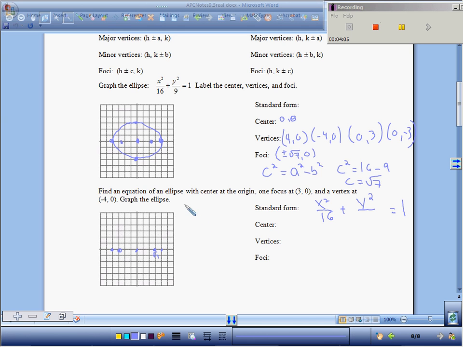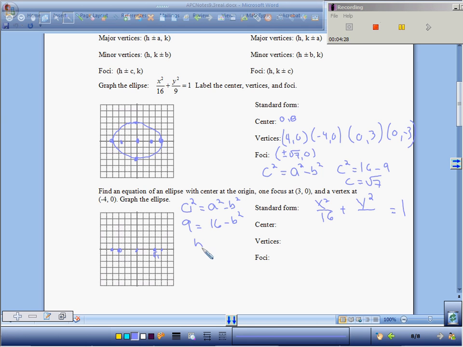The way I find that something is by going c squared equals a squared minus b squared. And I know that c squared is 9, because c is the distance from the center to the focus. So I get 9 equals a squared, which is 16, minus b squared.